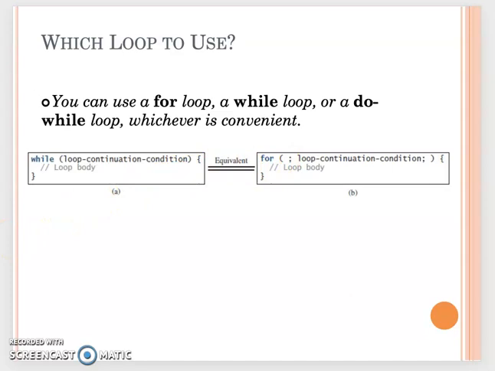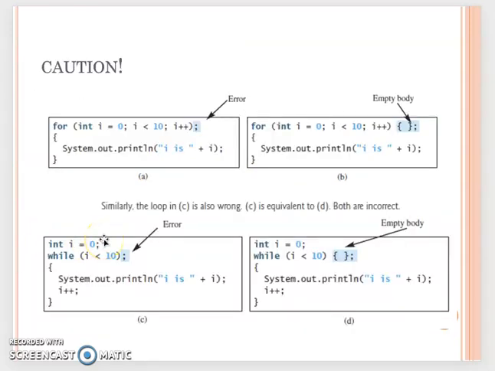Then here we have some cautions to help you see the errors, so be careful. For the for loop or the while loop, after your parentheses, there is no semicolon. So you need to be careful. For the for loop and the while loop, they don't have one.